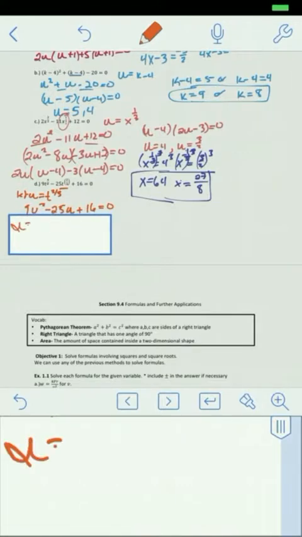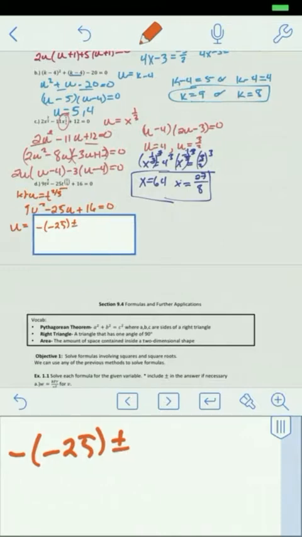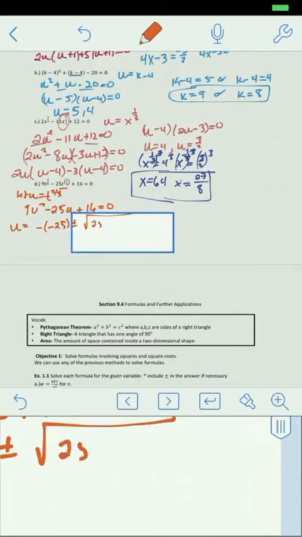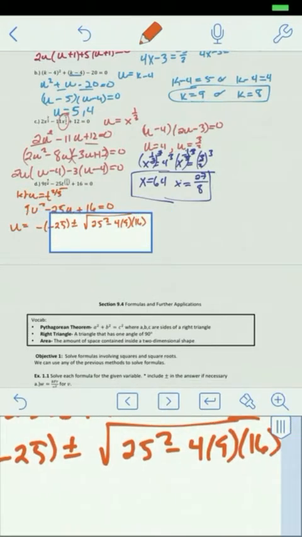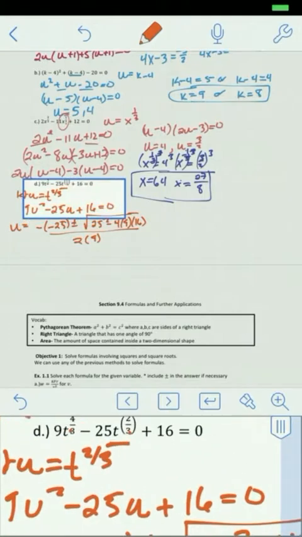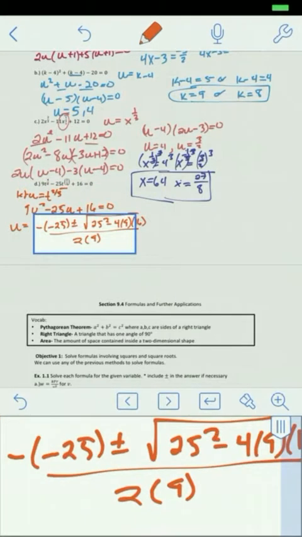So u is equal to minus b plus or minus the square root of 25 squared minus 4 times 9 times 16, all over 2 times 9.